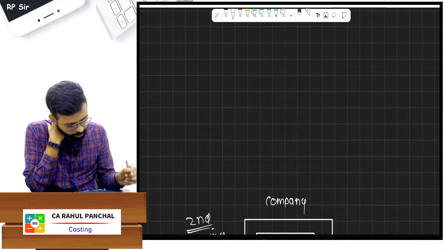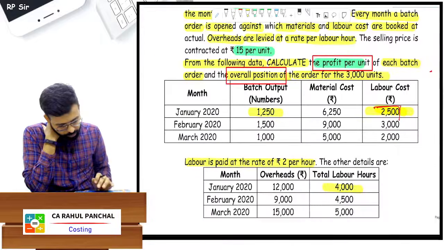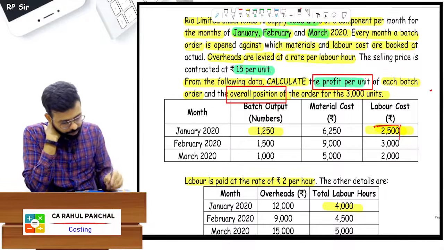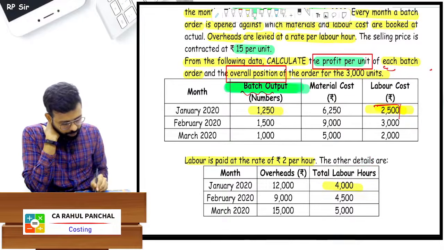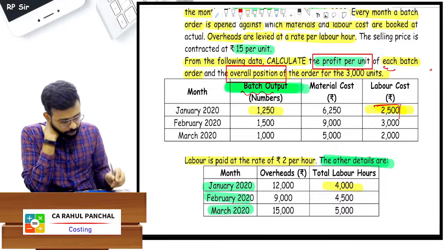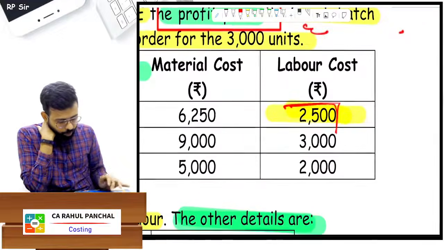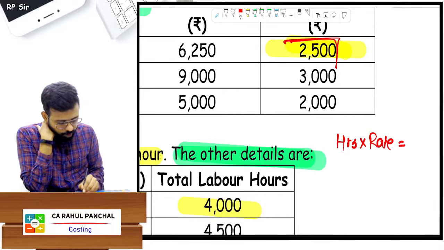Now let's have a look, so you will understand that data. This cost sheet was there. The first table given in the question is for one batch, the batch output. For this batch, the formula is hours into rate, you get cost.